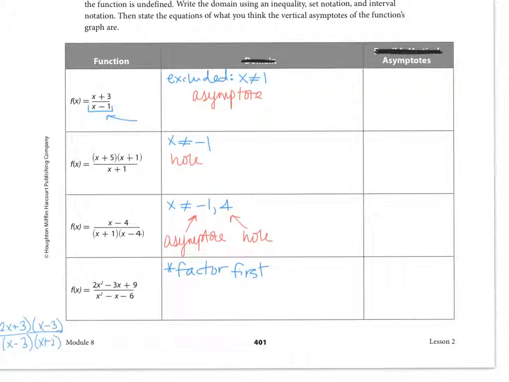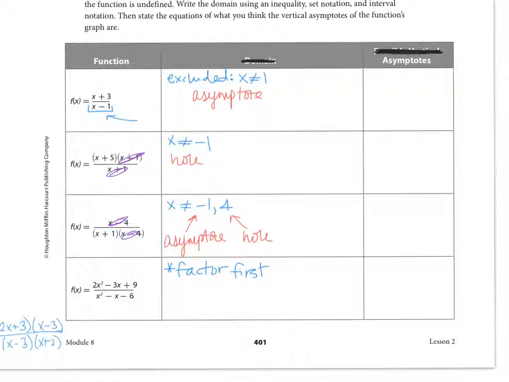And the last thing we want to take a note of is if there's anything left on the top, that's going to cause us to actually have something else which is called a slant asymptote. I guess what I mean is if the top is bigger than the bottom.